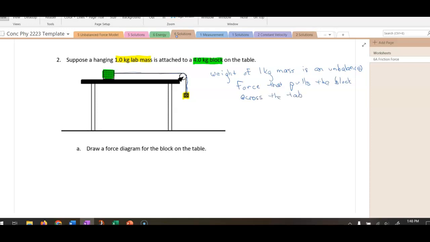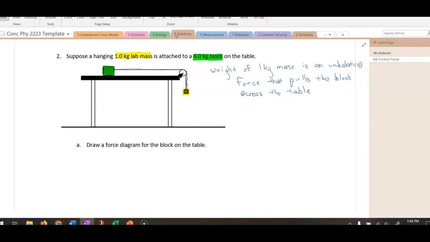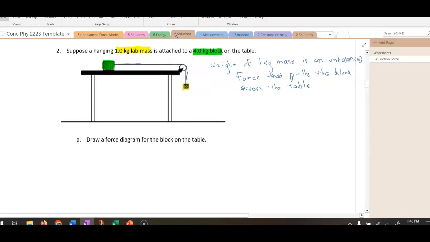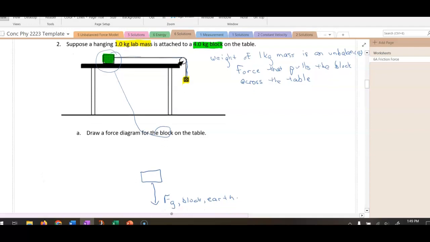And so now that we understand that, let's do a force diagram for the block. That's the green block, right? So let's see here. Here's the block. So I have the weight of that block, the gravitational force, which is its mass, 4 times 9.8. So that's 39.2 newtons.